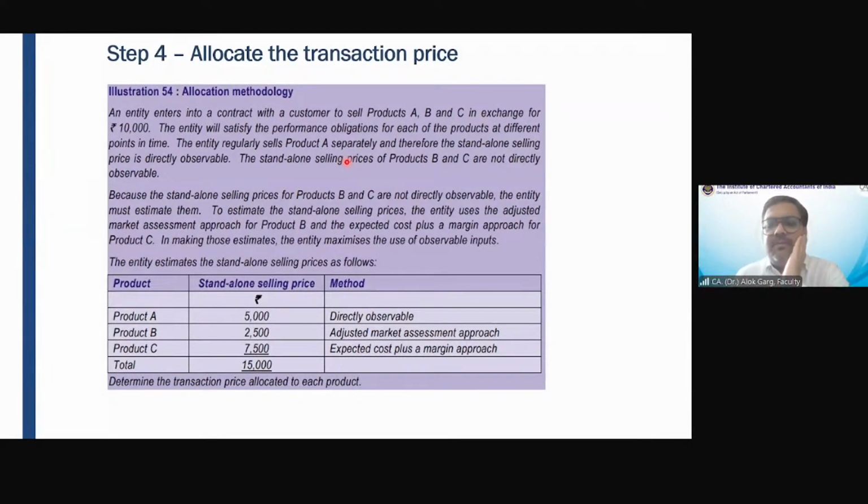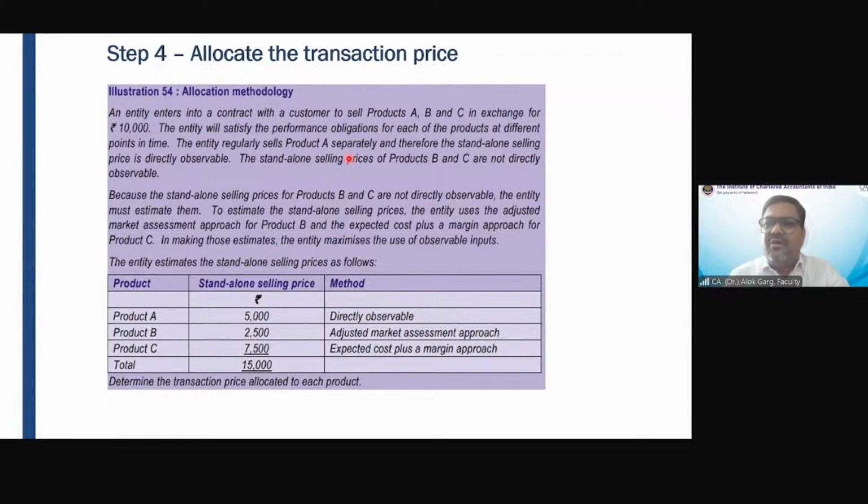So my competitor price is given. It means I have to apply the adjusted market assessment approach for determining the standalone selling price of product B. Then in the question, I will write that since the company is not selling product C separately either, but the company used to get this product from a third party, and the company has to incur a cost of, let's say, 5,000 rupees on each of these products.